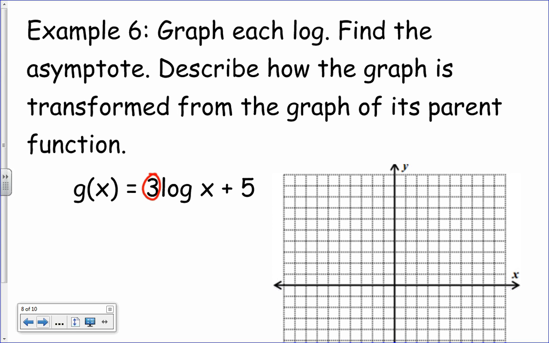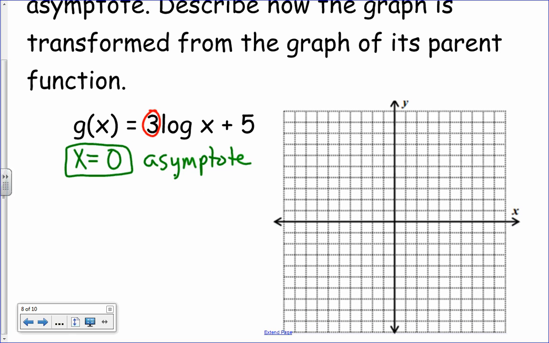Now let's look at the table. Let's find the last place we see an error. Again, the last error is at 0, so that means our asymptote is x equals 0. You can go ahead and draw it in if you want to. So right here through x is 0, there's our asymptote.